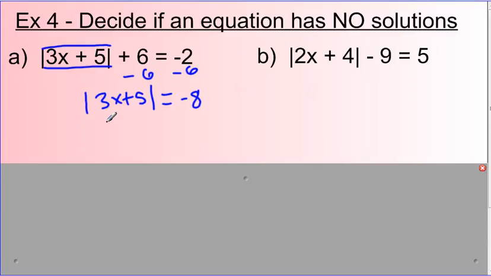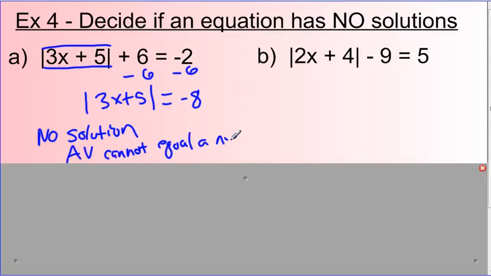No, it cannot be done. So this problem has no solution, because absolute value cannot equal a negative. Letter B.